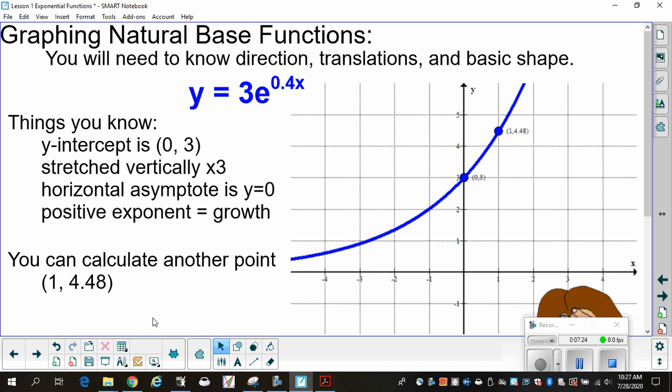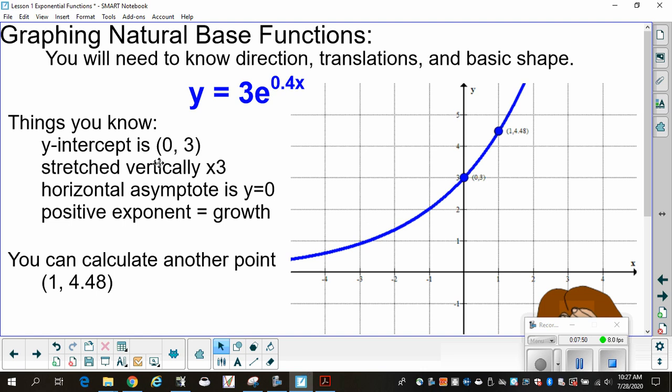Okay, graphing natural base functions. I'm not going to get into a lot of this because it's basically the same as everything else. You're going to use transformations. I've got a vertical stretch of 3, horizontal stretch of 0.4. Essentially, I'm going to put in a couple of points. I look at this and I know I have a positive exponent, so it's growth. I did not raise it or lower it, so y equals 0 is my horizontal asymptote.